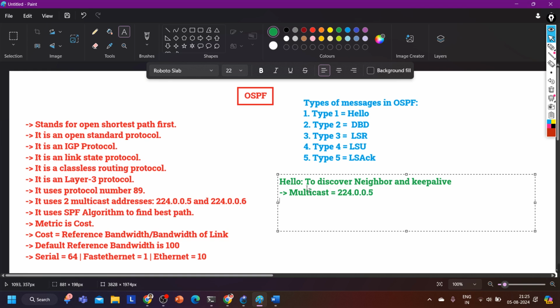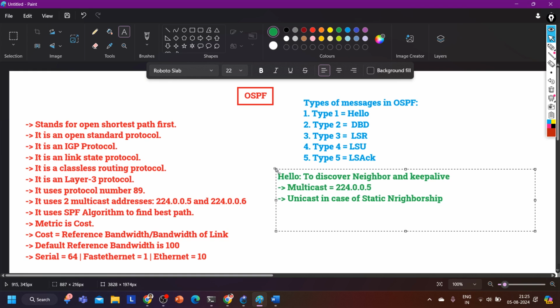All routers listen to this multicast address, so that's why router will send hello message on this multicast address. But hello message will be unicast in case of static neighborship, like EIGRP.